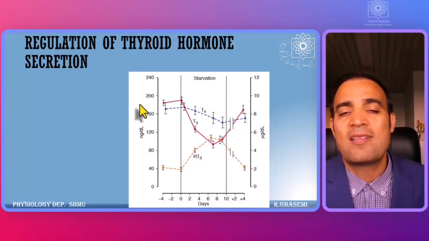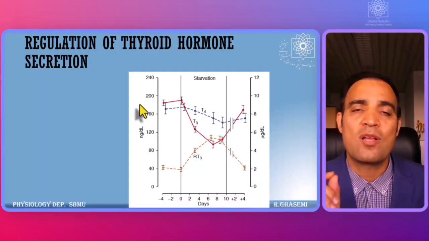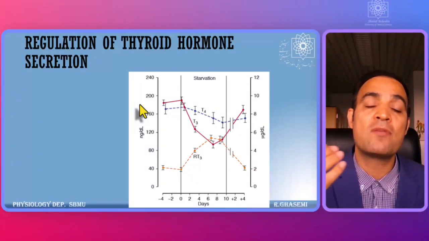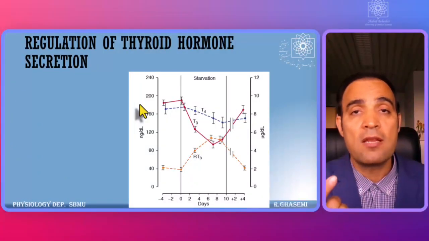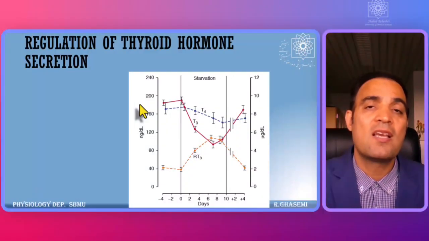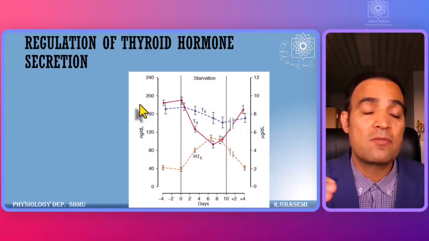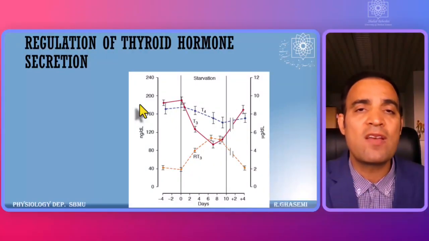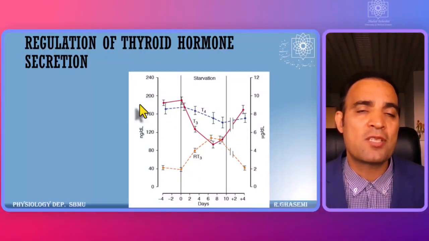This shows that the body has a sensor. When we have a shortage in the metabolic intake, then we should be ready to conserve these metabolites and reduce the body metabolism. And this is one way that regulates the metabolism of the body.